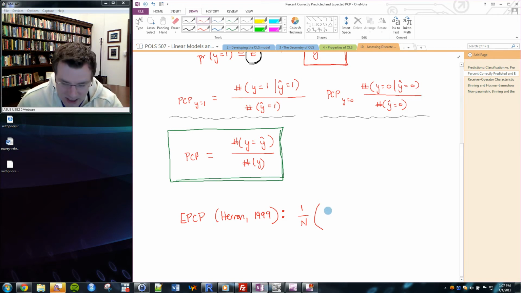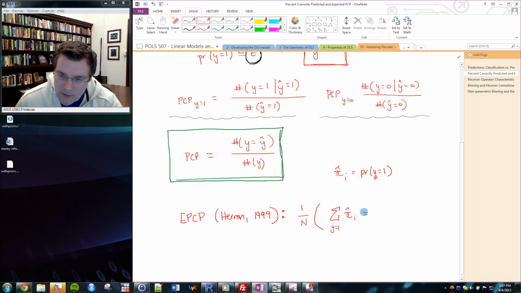The actual computation is pretty simple. You just sum up all the cases for which y equals 1 and sum their probabilities, where pi is probability y equals 1 for observation i.